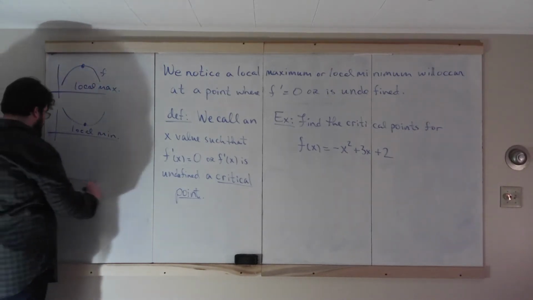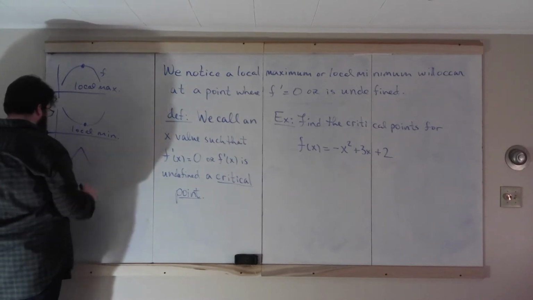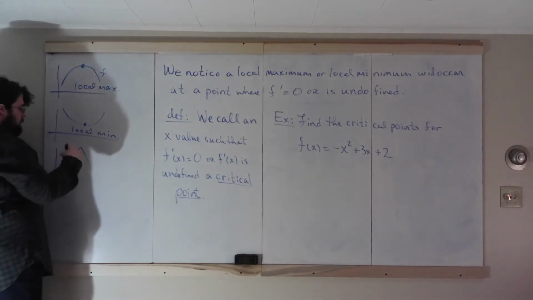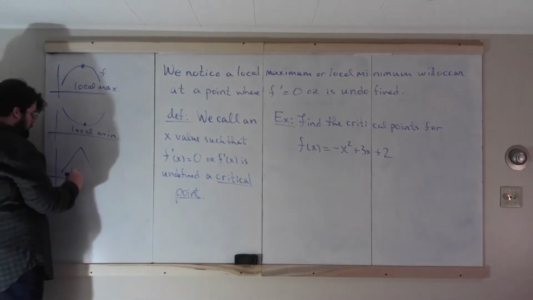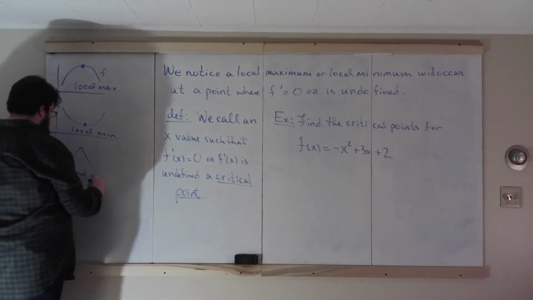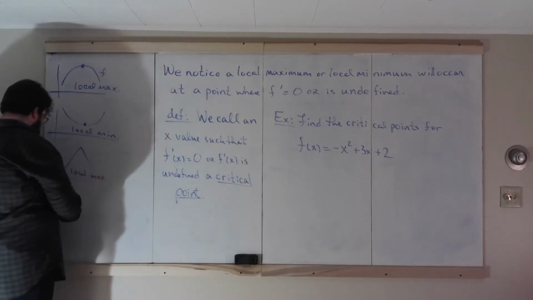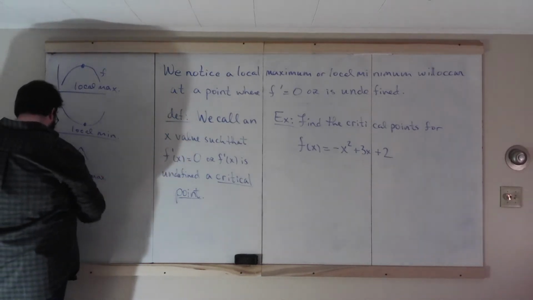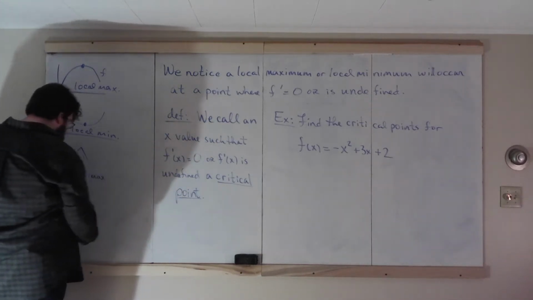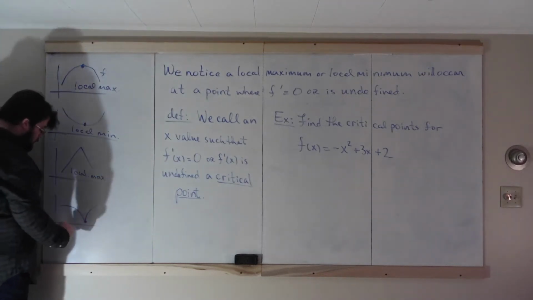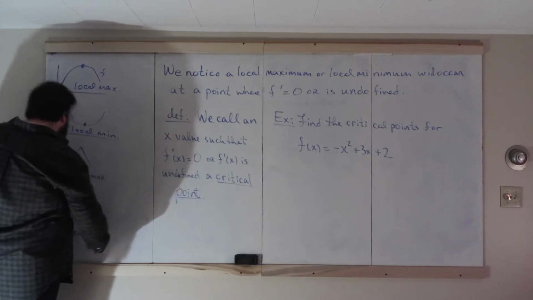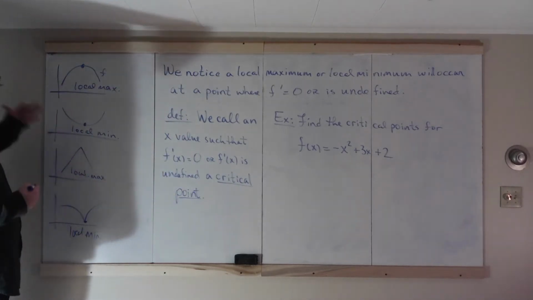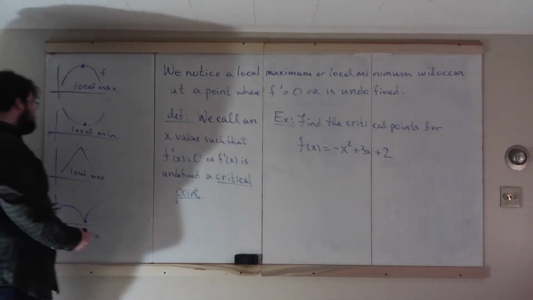Well, what if we had a corner? Well, there you go. Local maximum. That still is the largest value of all points near it. And what about something like that? Well, down here we have a local minimum. Now, in all of these curves I drew, they happen to also be absolute maximum, absolute minimum.